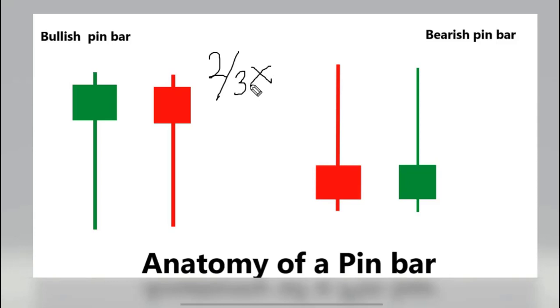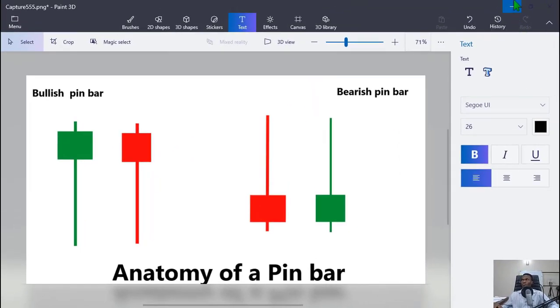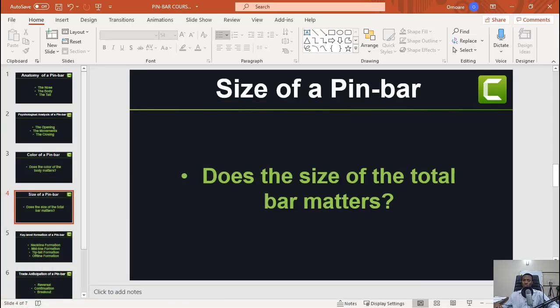If we got 60 pips as the total range of the bar right here, you just divide this by 3, that's going to be 20, and 20 times 2 would be 40 pips. Okay? So this is how you can calculate and find out if a pin bar is a reliable one. Because the reality is, when you open your chart, you're going to figure out a lot of bars on the chart, most of which are not reliable ones.